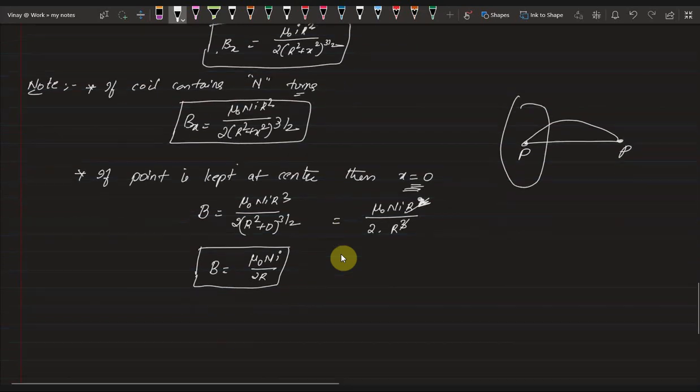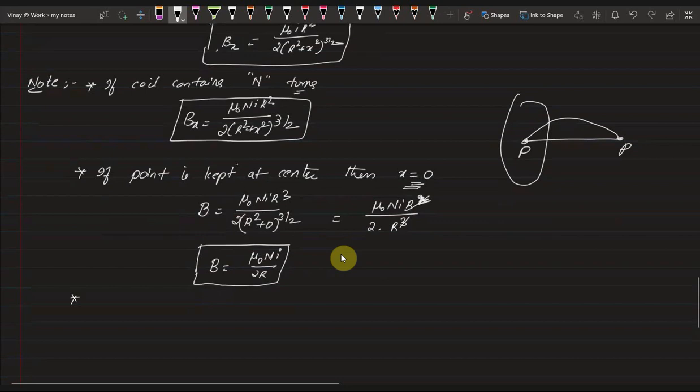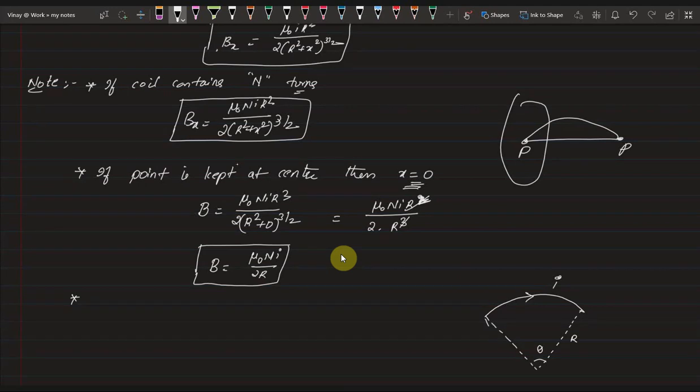And the next point: for example, if you take the magnetic field due to an arc carrying the current I. This is the magnetic field due to the current carrying arc. It makes an angle theta at the center, and it has radius r.